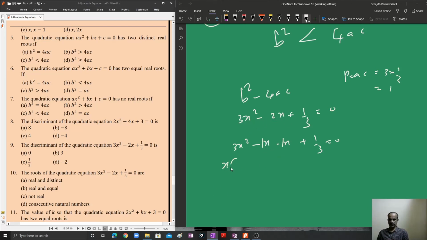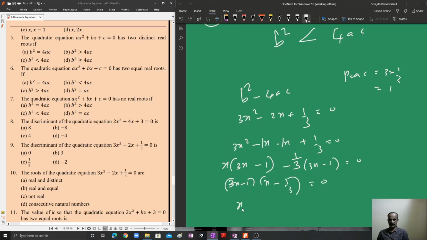So here x is common. 3x minus 1. So I will take 3x minus 1. What should come outside? I will take a minus 3 outside. Then when you expand, 1 by 3 I will take outside. So when you expand, you will be getting 1 by 3 here and 1 there.